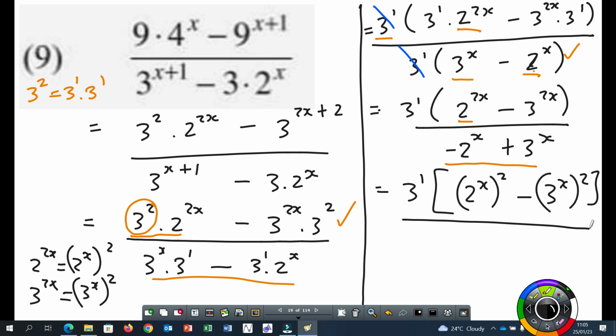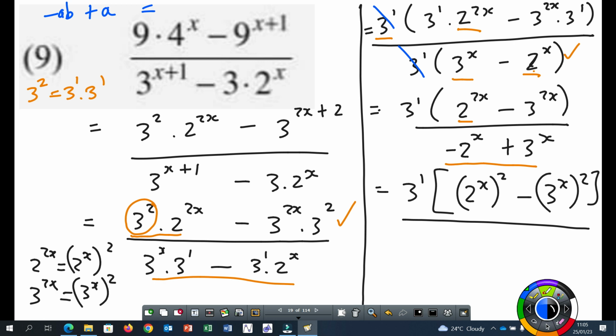Remember, you did factorization. If I give you an expression like, say, minus ab plus a, and I ask you to factorize this, what are the two possible answers?